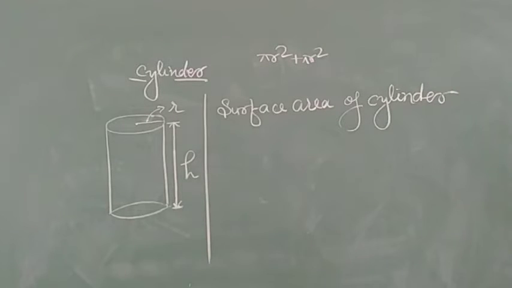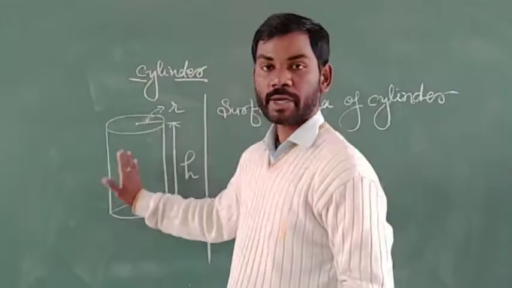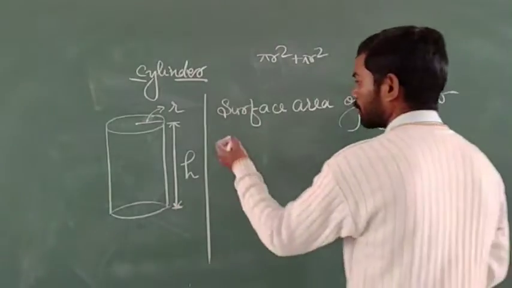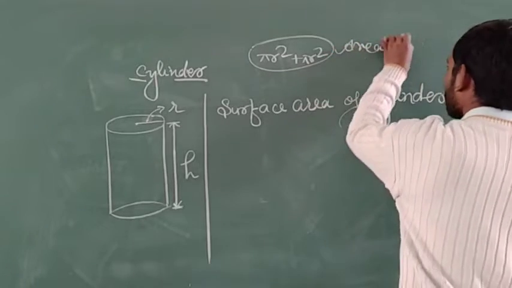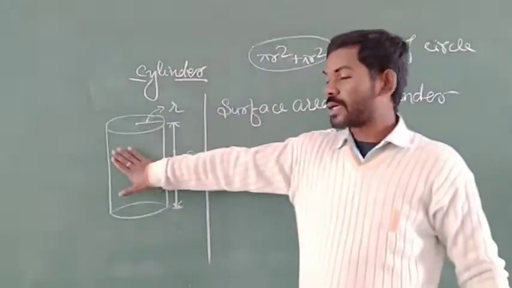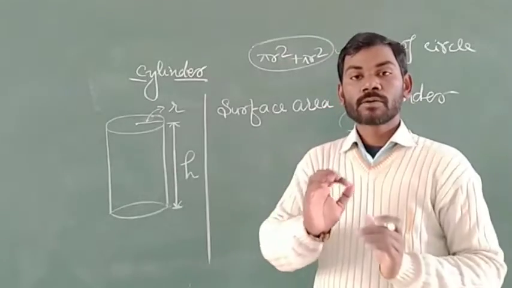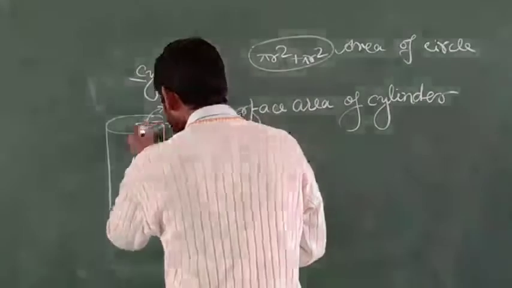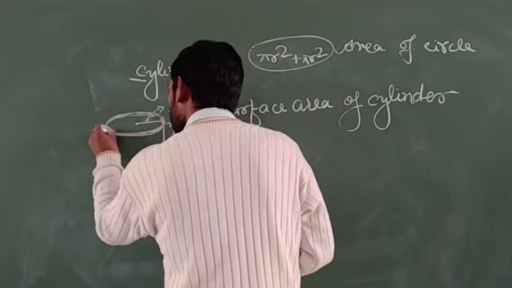Okay, and the area of this rectangle will be here the circumference. This is the area of circle. And if we find out the area of this plate, that is the material of the cylinder, we get that the rectangle is rolled as a circle.